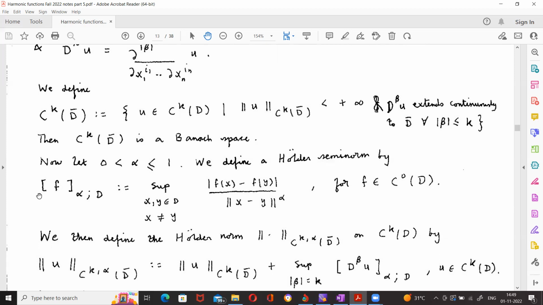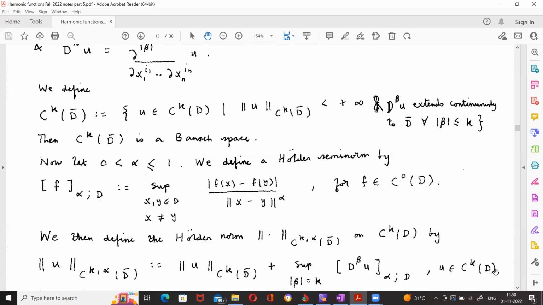So the Holder semi-norm, bracket f alpha, over D, is the supremum over x, y in D, x not equal to y, of the modulus of f(x) minus f(y) divided by norm x minus y to the power alpha. So f is Holder in the domain D if and only if this Holder semi-norm is finite, right?